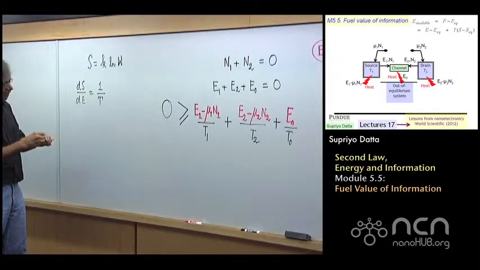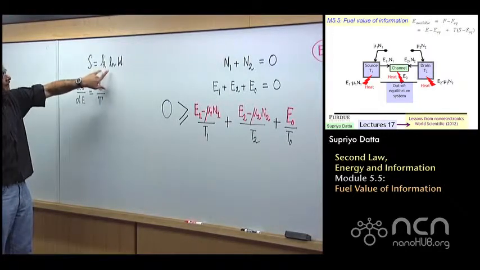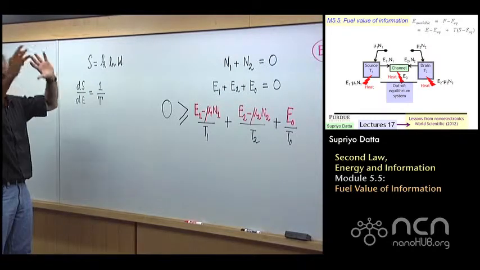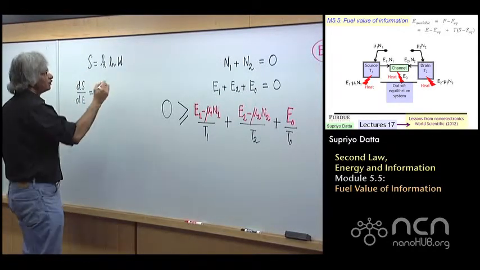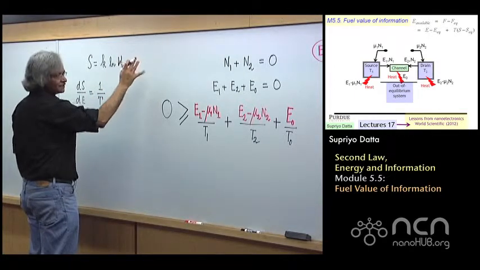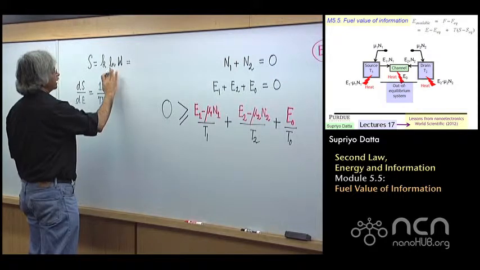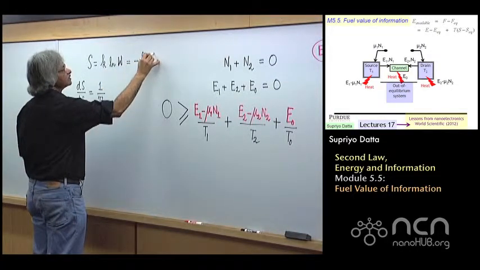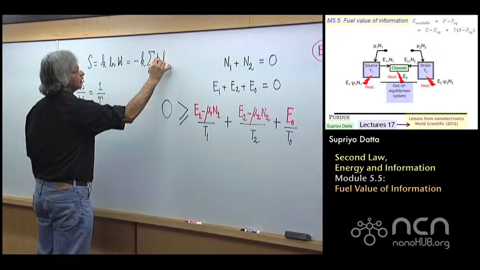So these were the ideas that we talked about, and in the last module we talked about how this W, of course, refers to the total number of states of this entire system, but if the big system is composed of lots of little ones, then in terms of the probabilities of those little ones, you could write this entropy as minus K summation over i of Pi log Pi.